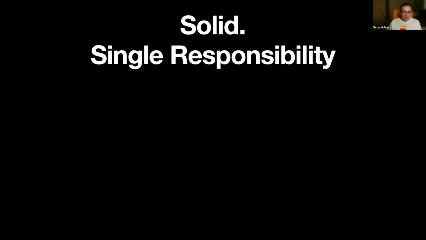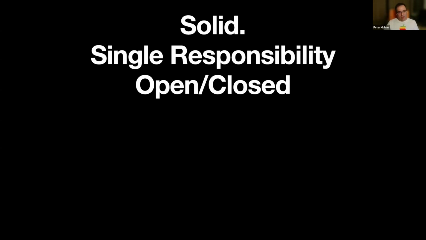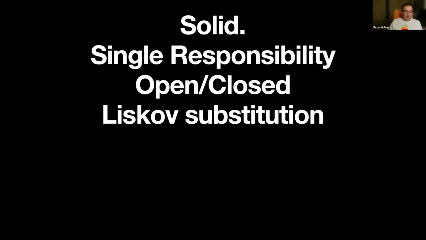So, let's talk about the SOLID thing. Just a quick recap on the SOLID principles. The single responsibility principle is all about doing one thing, right? The open-closed principle is the ability to extend the functionality of a module without modification of the existing code. We have the Liskov substitution principle. It's about interchangeability.